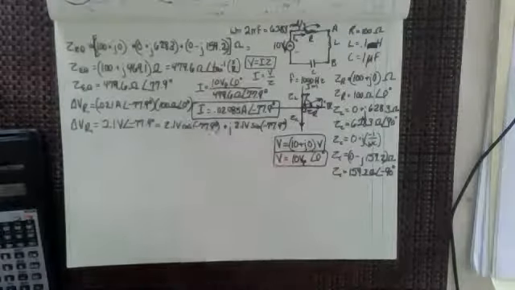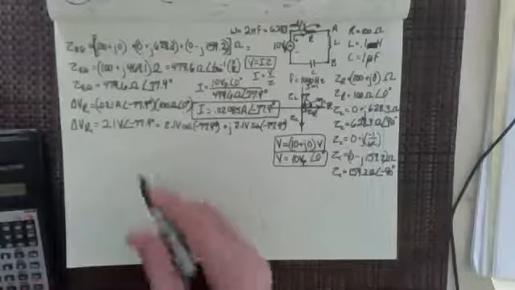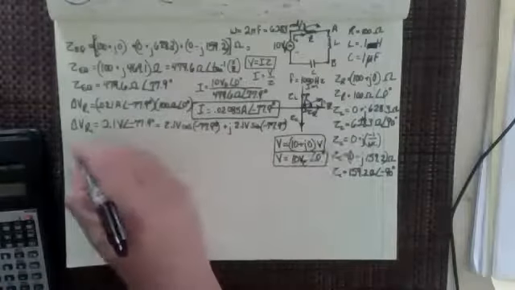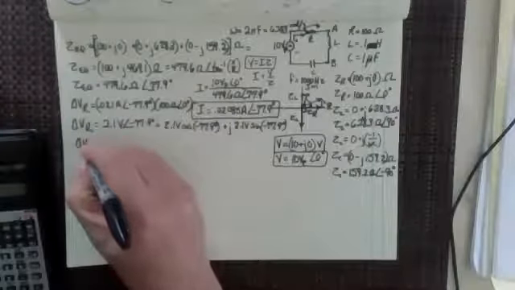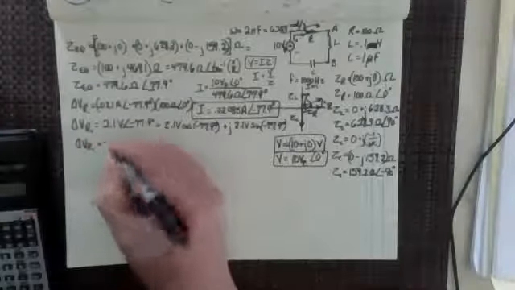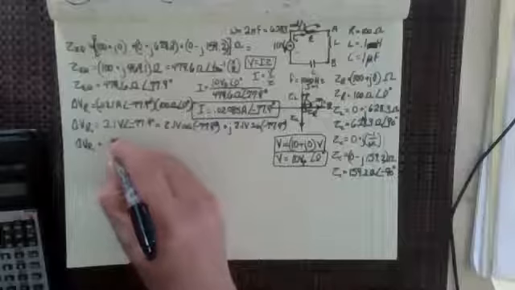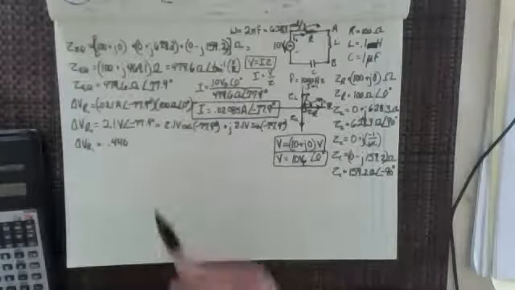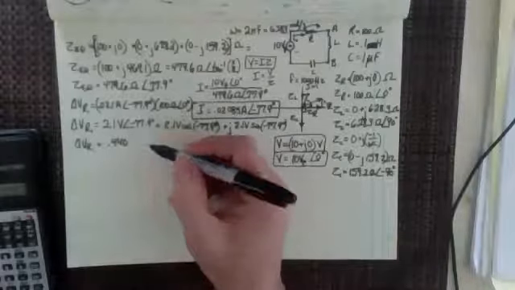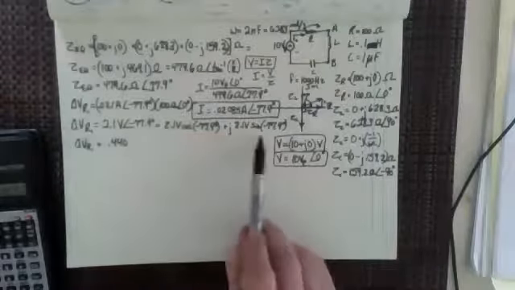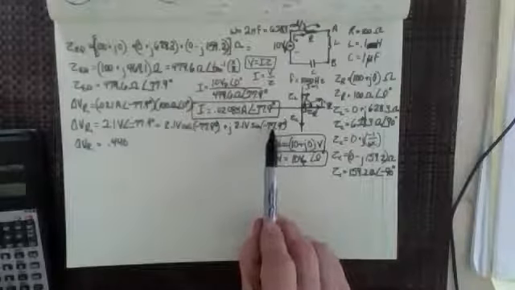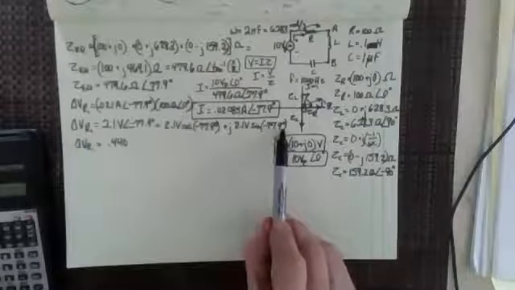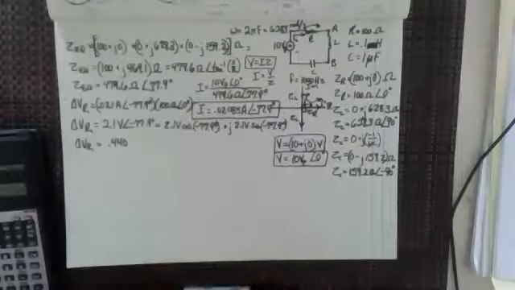So 0.210 times 2.1 gives me 0.44. So the voltage drop across the R1 resistor is going to be 0.440. Of course, that's only the real drop, isn't it? We've also got the sine here, and the sine of minus 77.9 is going to be negative, isn't it?